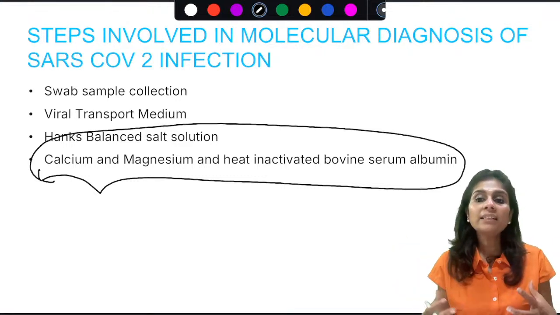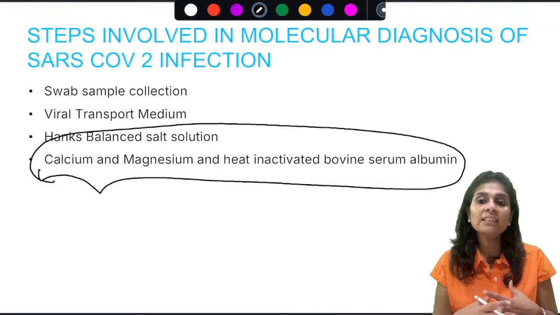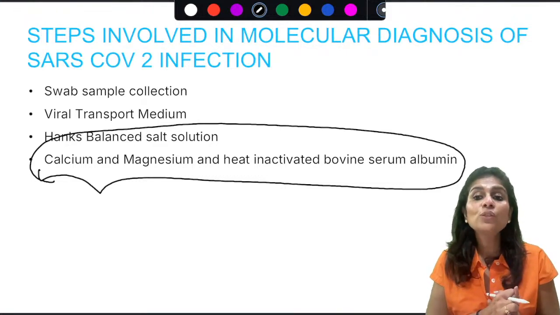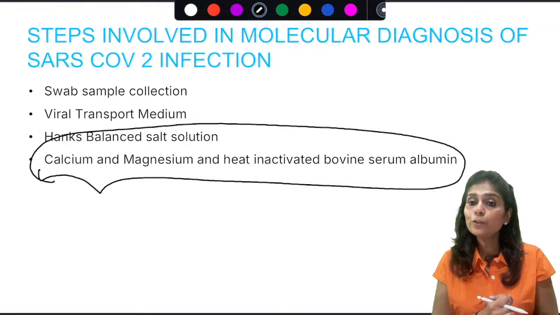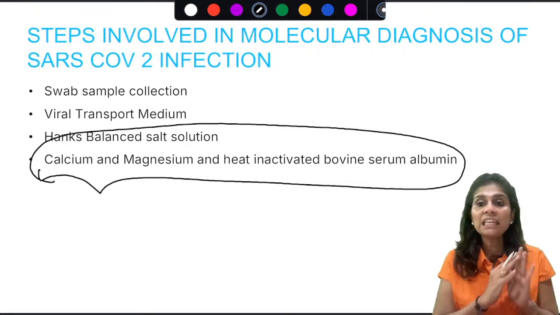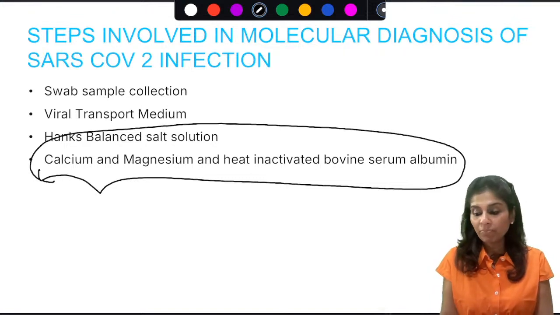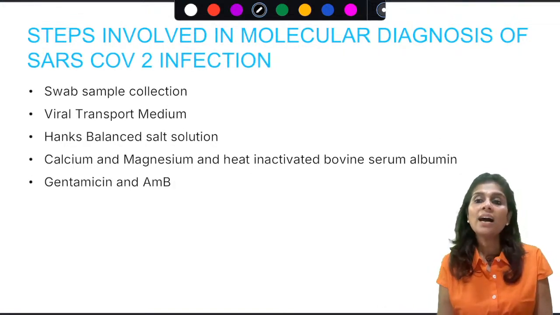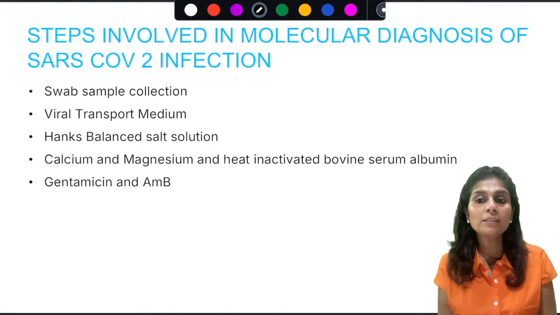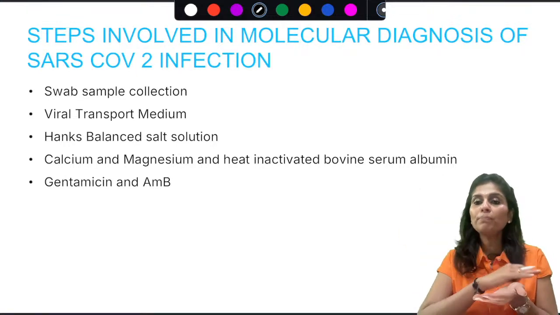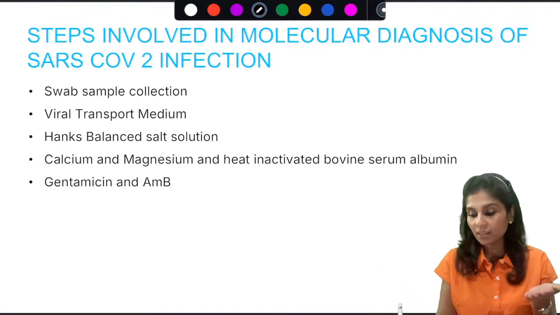So any bacteria or any fungus that is present in the swab sample will start growing, and that will not allow the virus to survive. So what are you supposed to do? Kill the bacteria, kill the fungus. And that is why we spike the medium with gentamicin and amphotericin B. The medium is spiked with gentamicin and amphotericin B. And after you keep it in the viral transport medium, it should be transported in cold chain, right?